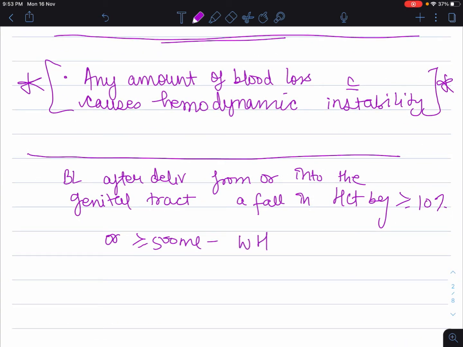This is the WHO definition, right? The definition which is the golden definition is ACOG, by the American College. That is what we follow now, right?